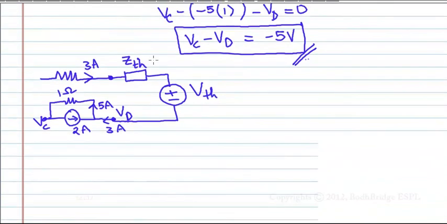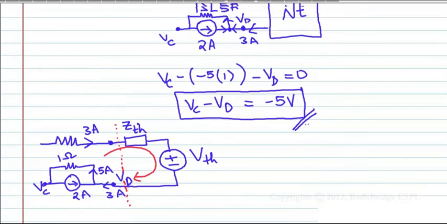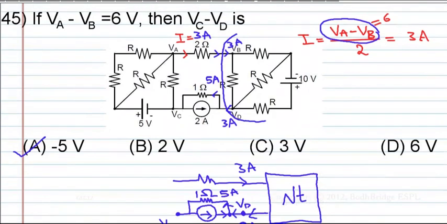We can simplify any circuit as R Thevenin and V Thevenin. That is this network I am saying. And as 3 ampere is going inside this loop, constant current should be there. Whatever current is going, it should come out. Therefore 3 ampere is also coming out. So finally option A is correct.